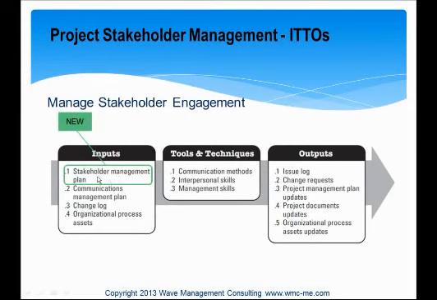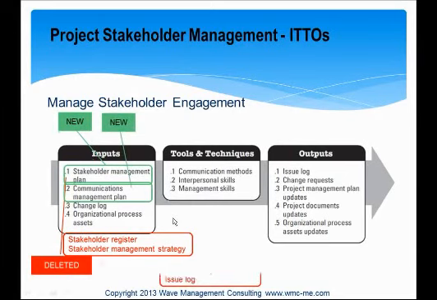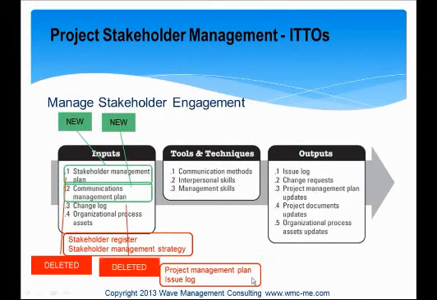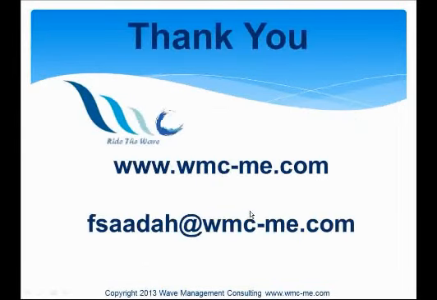We have a new input, which is stakeholder management plan, which replaced stakeholder register and stakeholder management strategy, because those two would be included in the stakeholder management plan. We also have communications management plan as an input to this process. They deleted project management plan and issue log from the inputs. They added the issue log to the outputs as a new output there, as well as they introduced project documents updates to the outputs list, and they did some shuffling.